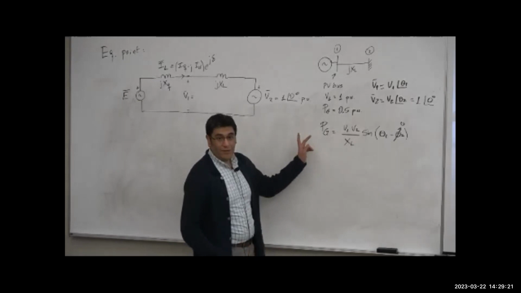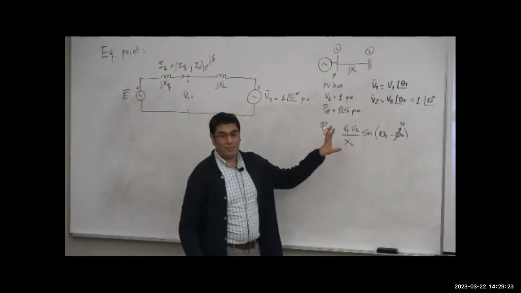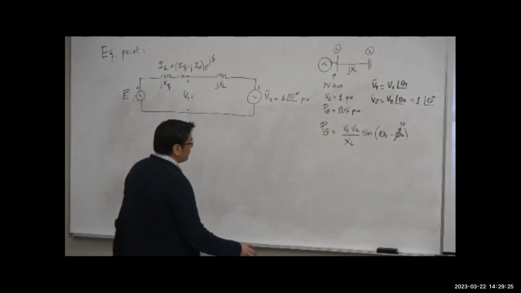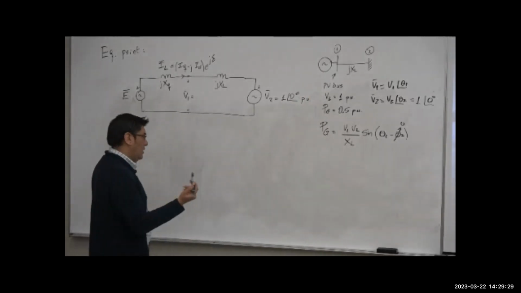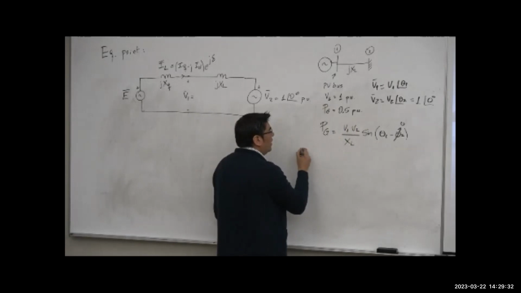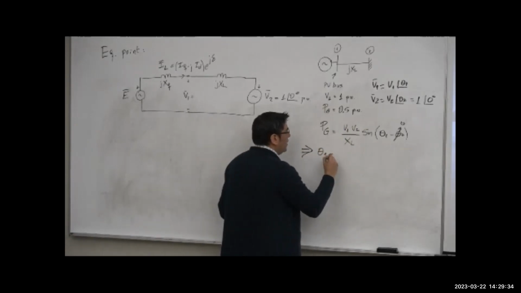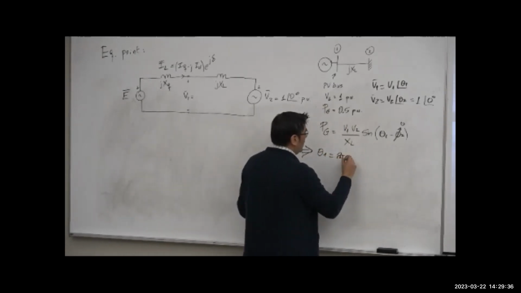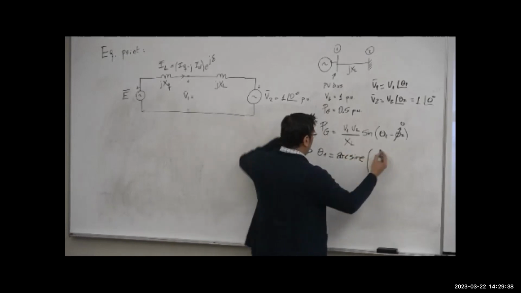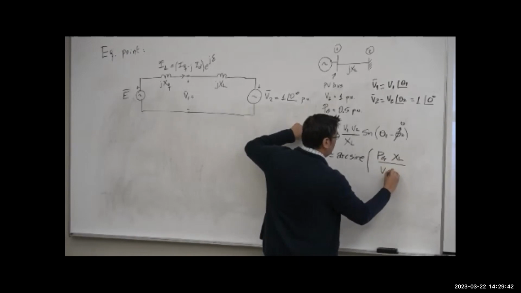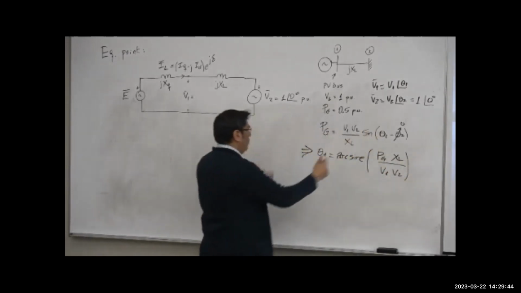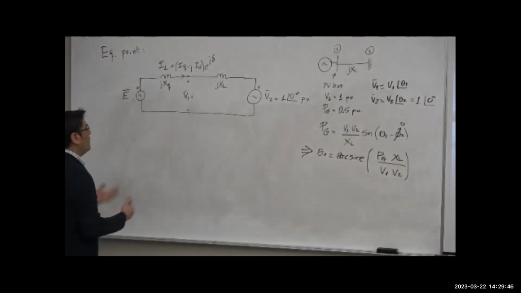That might be a quiz: solve this using Newton-Raphson. But this equation will suffice in this case. So we solve here for theta 1. Theta 1 will be arcsine of PG XL divided by V1, V2. We put the numbers and we get theta 1.